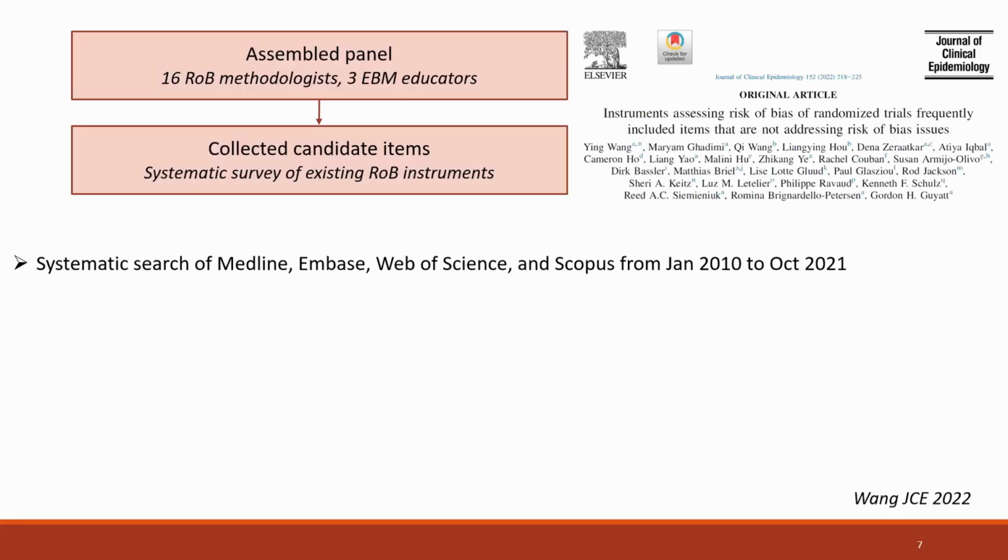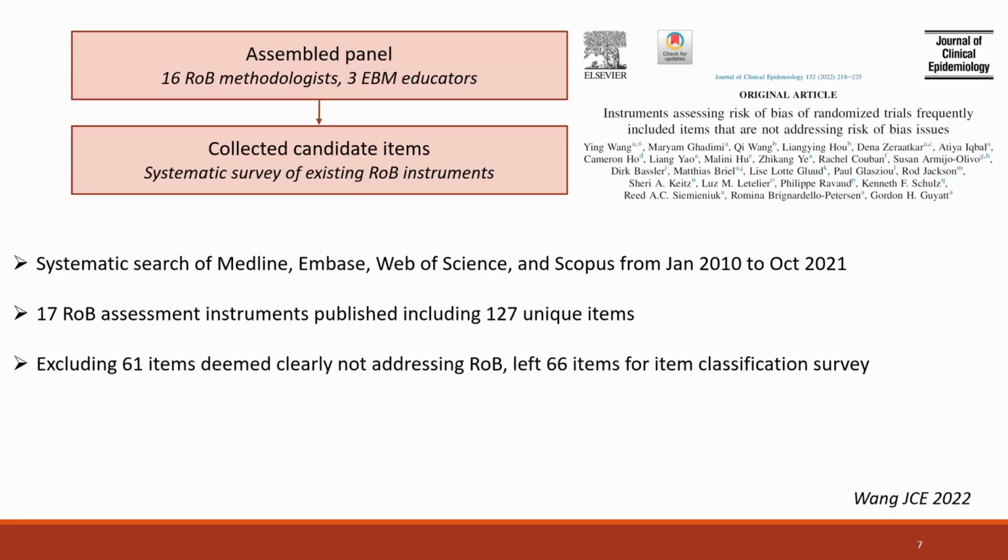So as a next step, once we had assembled the panel, we were systematically searching for individual items of risk of bias tools. And so we systematically searched Medline, Embase, Web of Science, and Scopus from January 2010 to October 2021, and identified 17 newly published risk of bias assessment instruments, including 127 unique items.